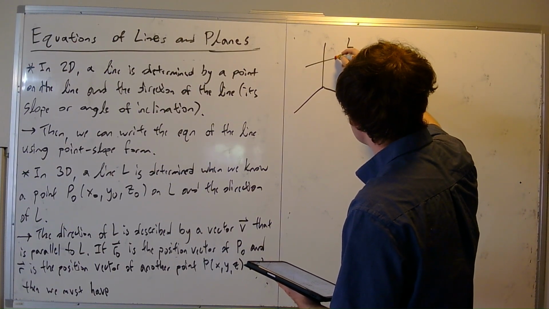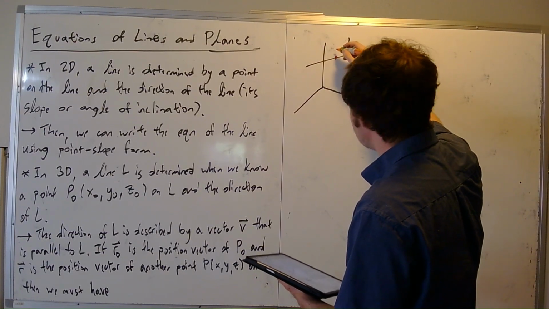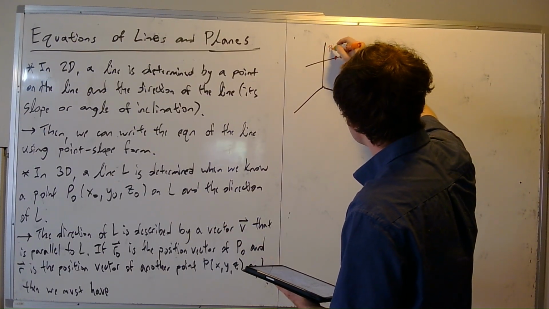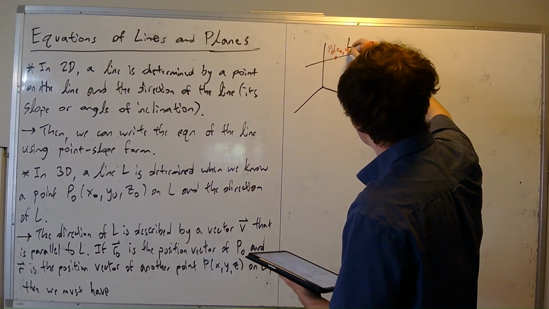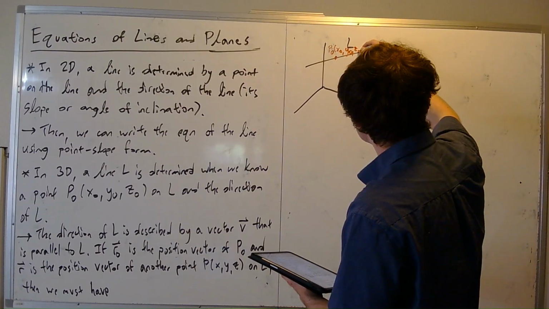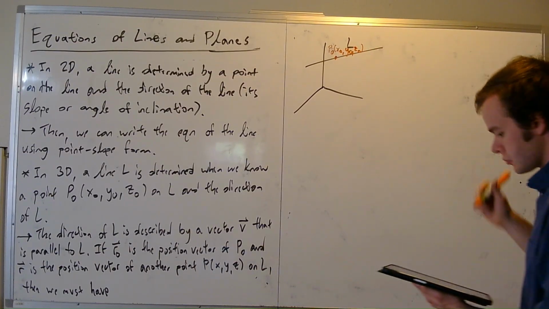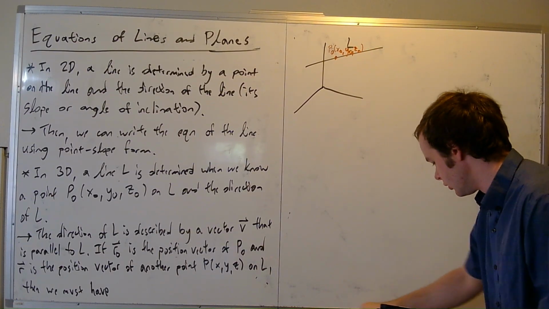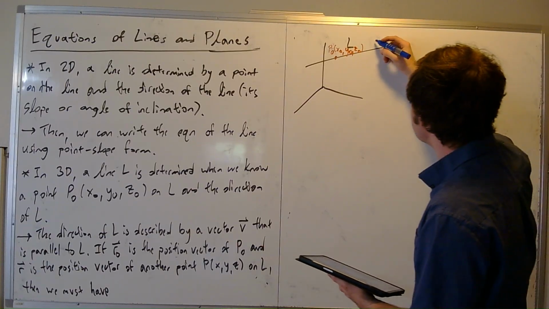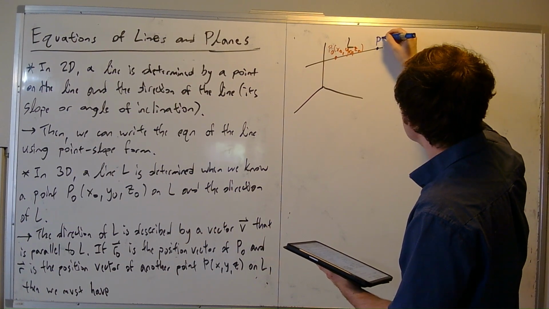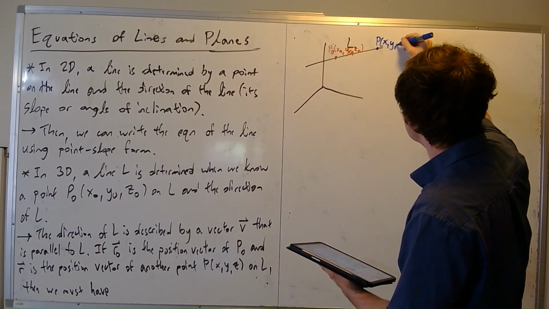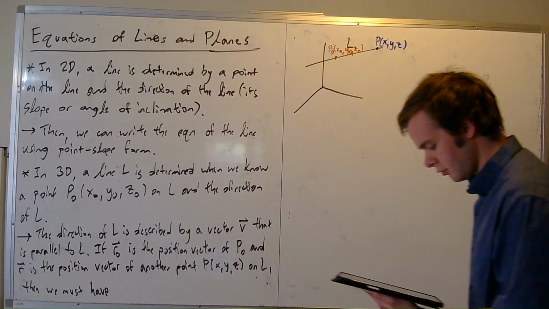Pick a point on the line that's P0. That's the starting point. So that's P0 with coordinates x0, y0, and z0. And we pick a second point on the line. Let's say this is the point, I don't know, P, which has x, y, and z as its coordinates.